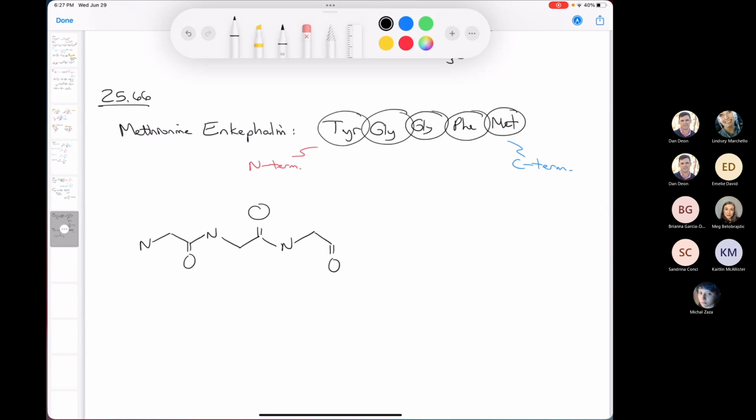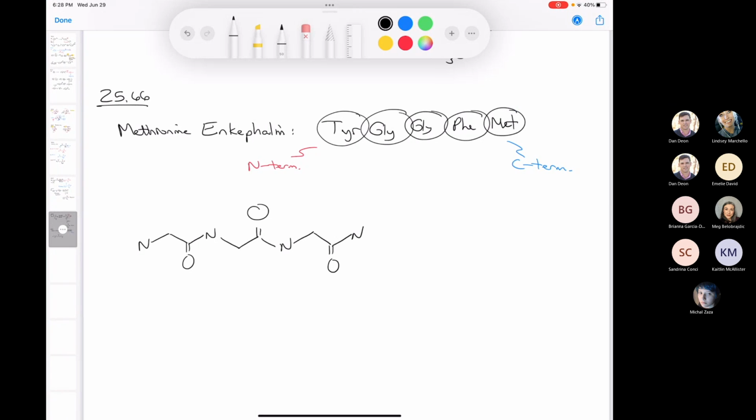So that's 3. N-C-carbonyl, that's 4. And then N-C-carbonyl, and that's 5.